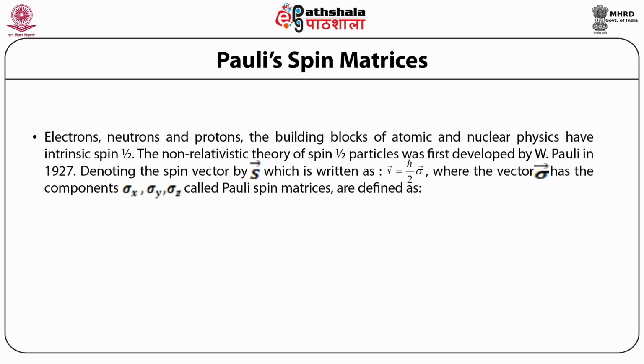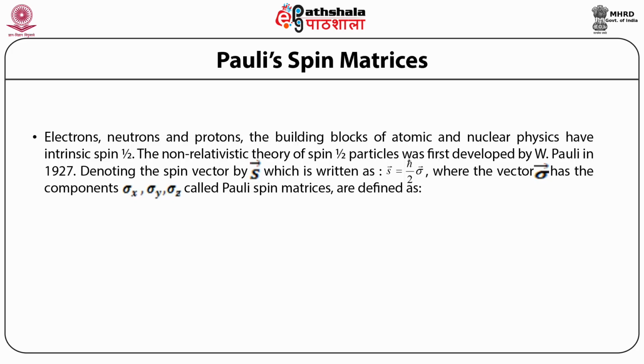So we all know that the electrons and the protons and the neutrons are the building blocks of atomic and nuclear physics. And we also know that the electron, the proton and the neutron, all of them have a spin half. That means they are all fermions. They are Fermi particles because any particle which has a half integral spin is a fermion, and a particle which has a zero or an integral spin is a boson.